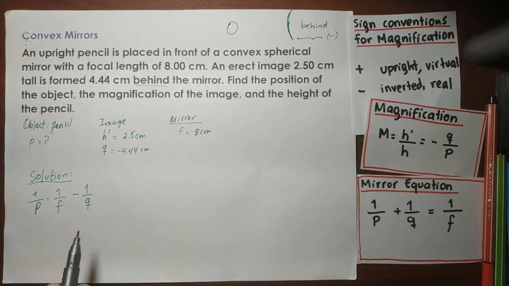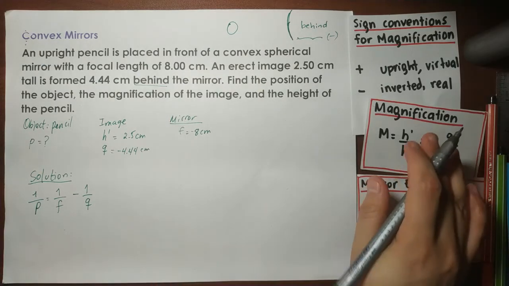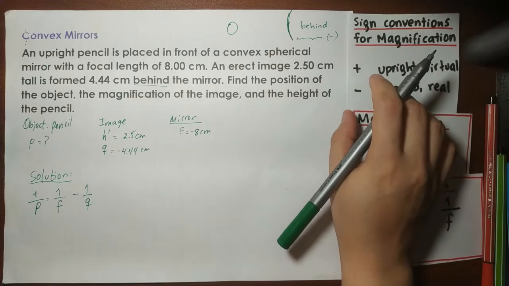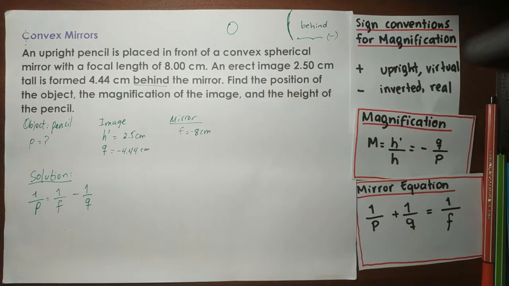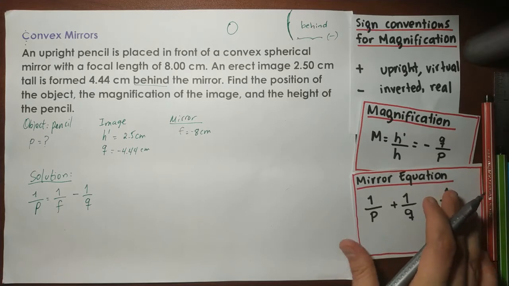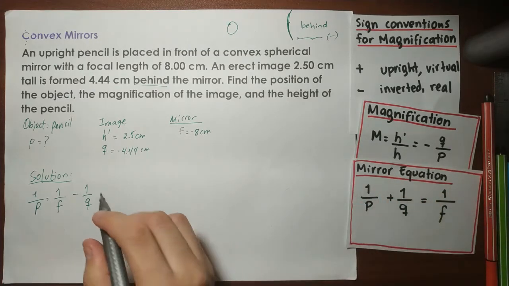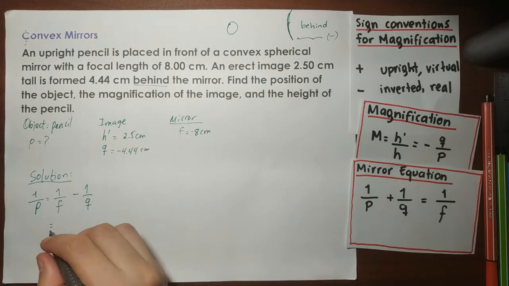This is the equation that we'll be using. As you can see, it's the same that we used when we were working with concave mirrors. But this time, we're talking about a convex mirror, but as we're talking about mirrors, we can use the same equation. So, let's solve.